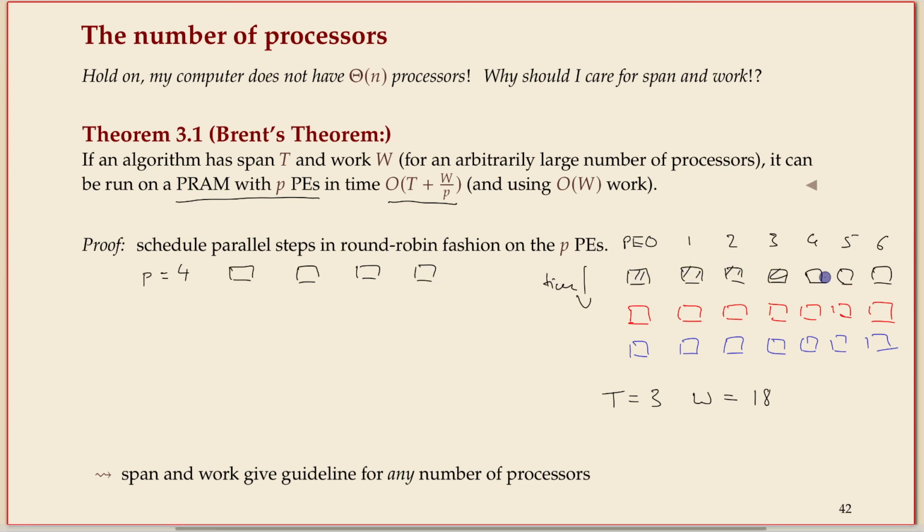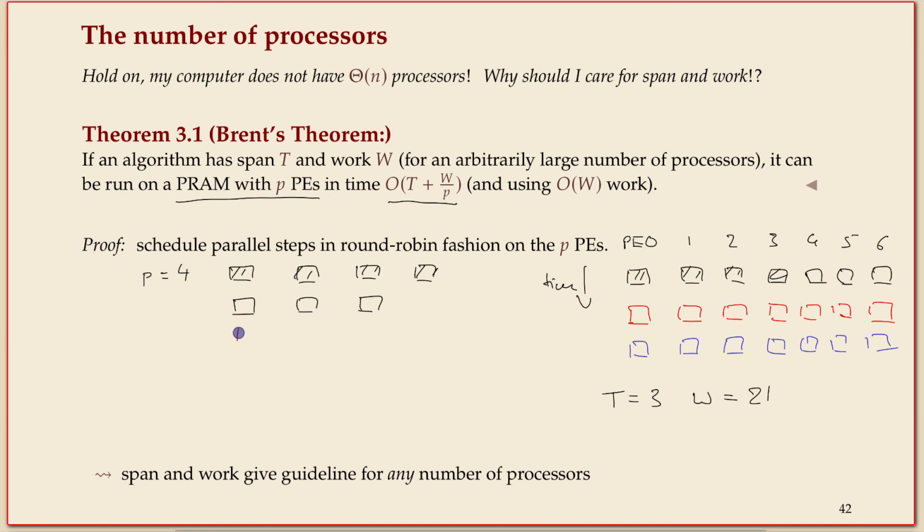In the next time step, we take these, which are actually 7. So 7 times 3 is not 18. So in the second time step, we have 3 left. These are the first ones, for the first 4 processing elements, what they do in time step 1. If we simulate it on 4 processing elements, we have to do another round of these. That's the remaining 3. Okay, so we need 2 time steps.